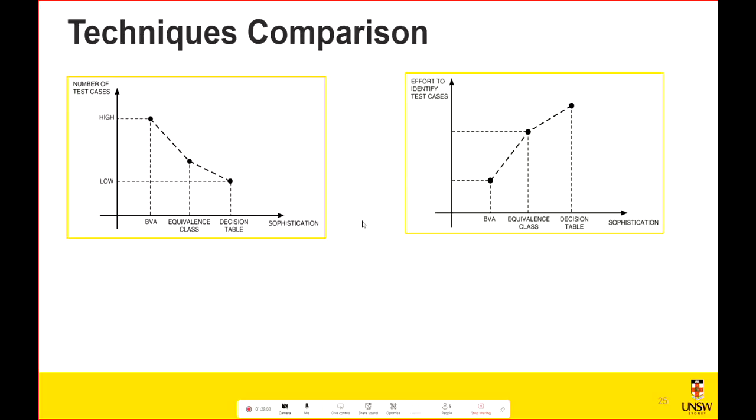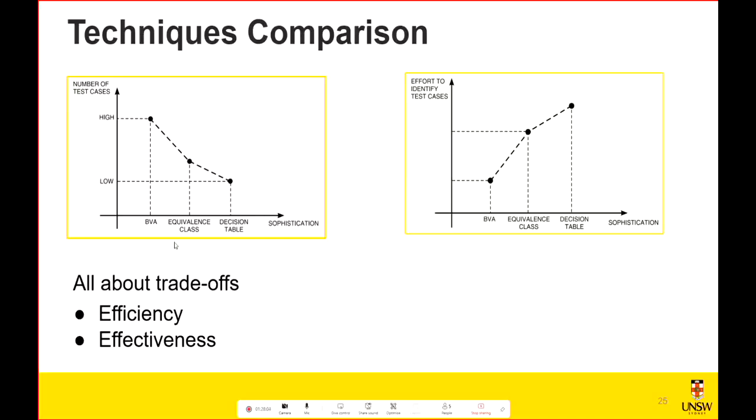So it's all actually about trading off efficiency and effectiveness, where efficiency means how fast we can design the test cases, and effectiveness means how well we can do things.